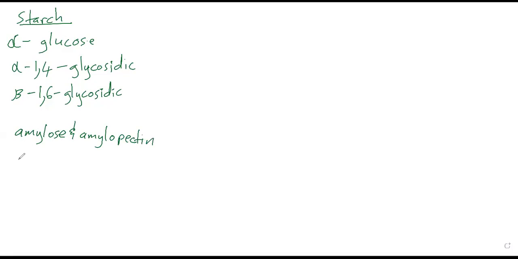Each of them have 1,4. So that's where the 1,4 comes into play. The bonding in amylose is 1,4. In amylopectin, it's 1,4. But when we join amylose to amylopectin, that's going to be the 1,6.